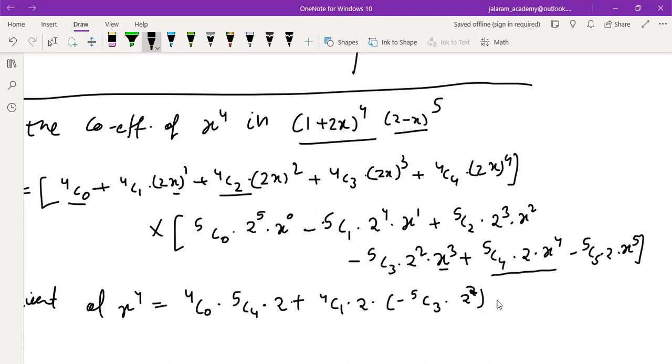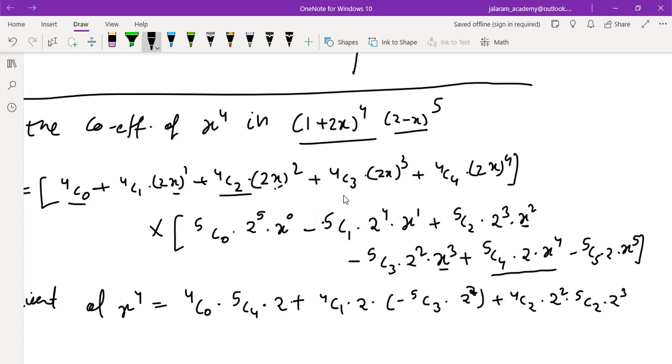Third is 4c2 into 2 square into x square will also be there. So the term of x square in the second bracket, which when multiplied to this will give x to the power 4, is 5c2 into 2 cube.